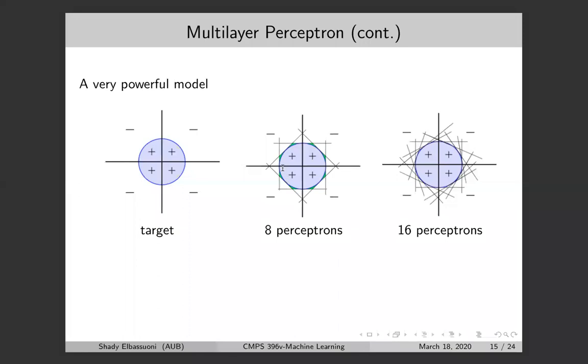I don't know what type of polygon this is, but in this region, positive, and outside is negative. If I use 16 perceptrons, I get even closer to a circle, and so on. The more perceptrons I use, the closer I can get to approximate any target function I have.